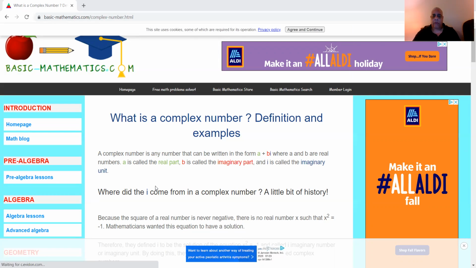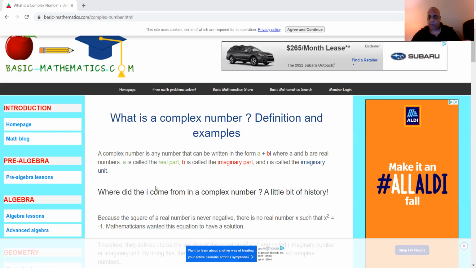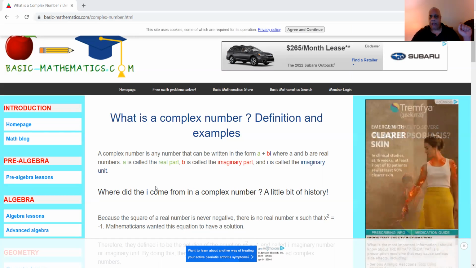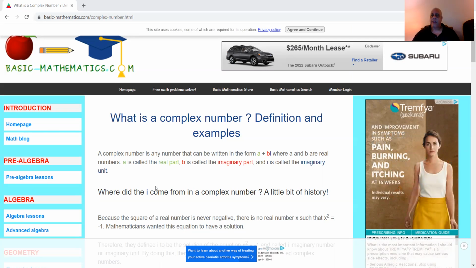Again, I equals the square root of -1, whereas I squared equals -1. If you take the square root of -36, you get 6i. So those are some examples of complex numbers.